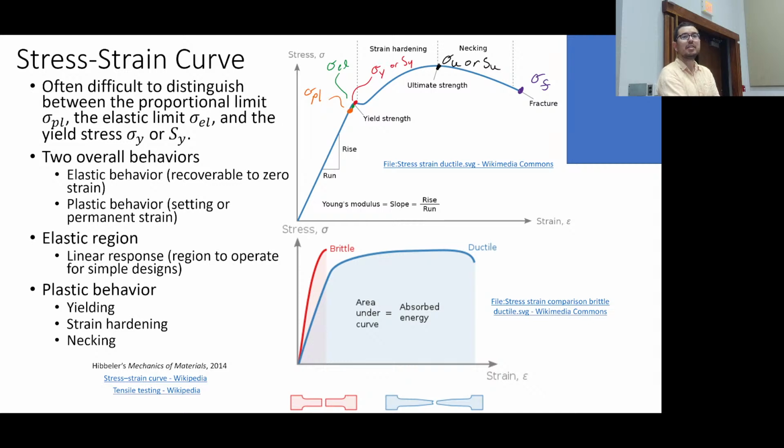Would it be a low elastic modulus? A high elastic modulus? An infinite elastic modulus? Yeah, right? The higher the elastic modulus, that's the slope again. If you wanted to have zero strain while putting force on something, your elastic modulus would have to be infinite. Okay?